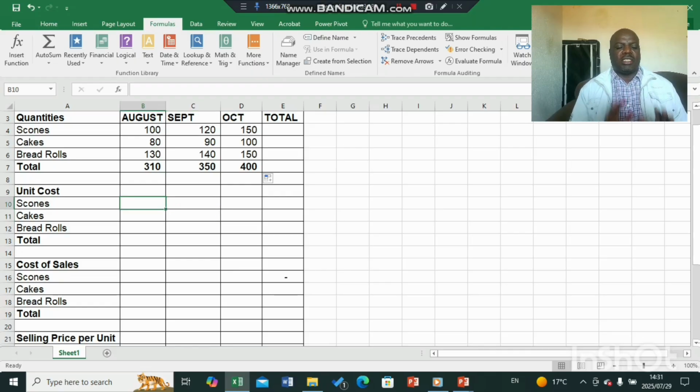We've got our quantities. Next step, you've got to write down your unit costs. Suppose your scone costs you 2 rands to make.